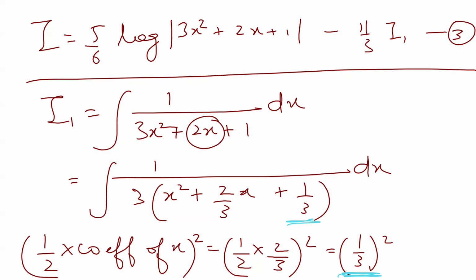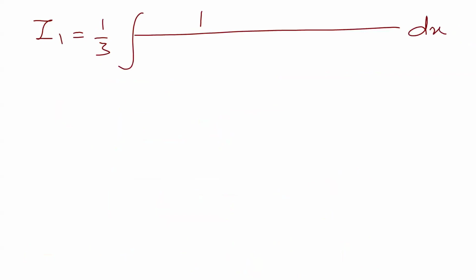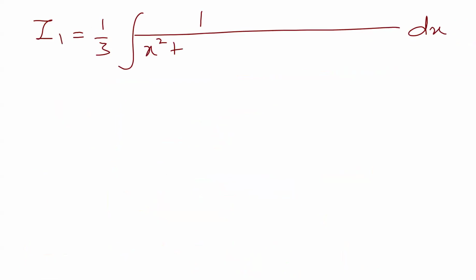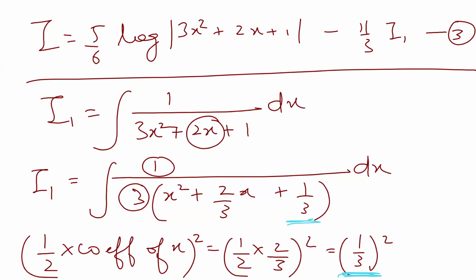So I1, I'll take 1 by 3 common: x square plus 2 by 3 x plus 1 by 3 the whole square, plus 1 by 3 minus 1 by 3 the whole square. Completing squares: before the last term you added, after the last term you subtracted.